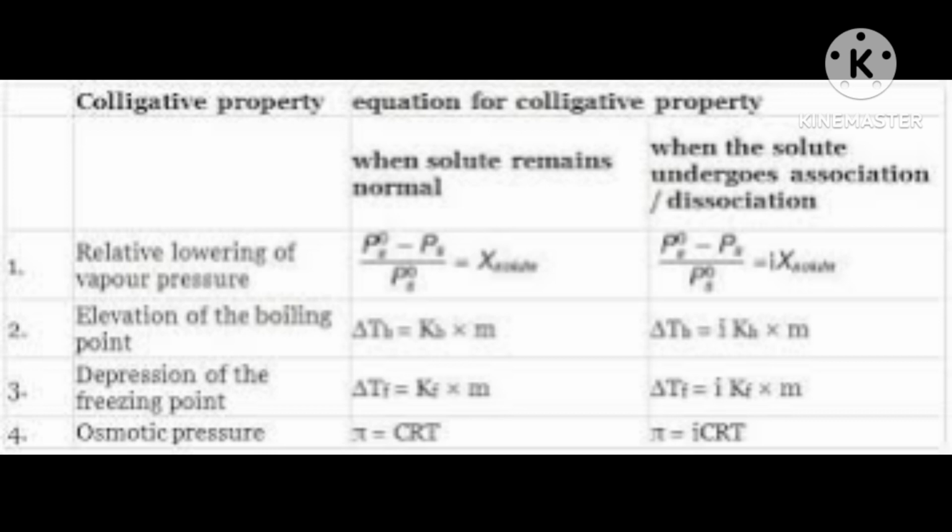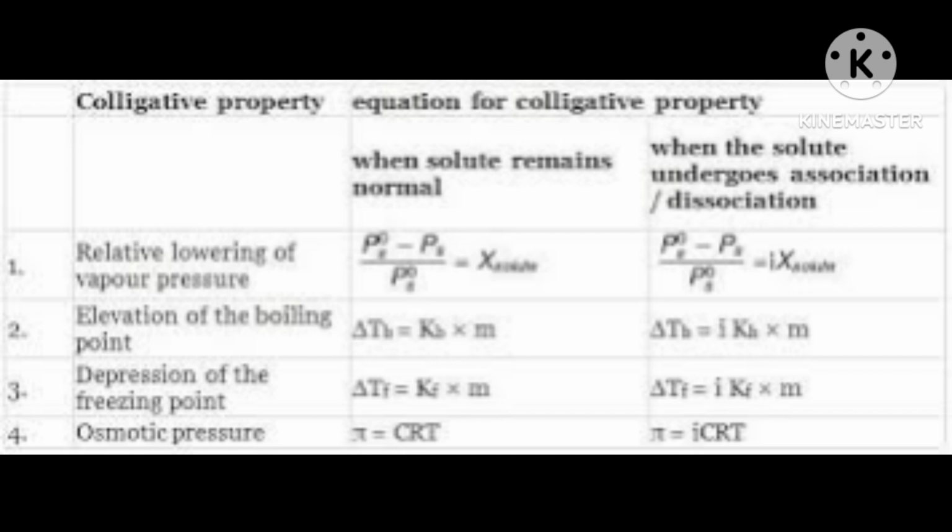The pure solvent is P1 naught, and P1 is for the solution. So P1 naught minus P1 divided by P1 naught is the relative lowering of vapor pressure, and that is equal to n2 divided by n1, the number of moles of solute divided by the number of moles of solvent.